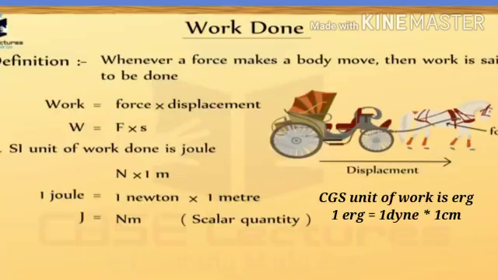Here is the definition of work or work done: whenever a force makes a body move, then work is said to be done. Or another definition is: work is said to be done when a force applied on an object causes displacement of the object.